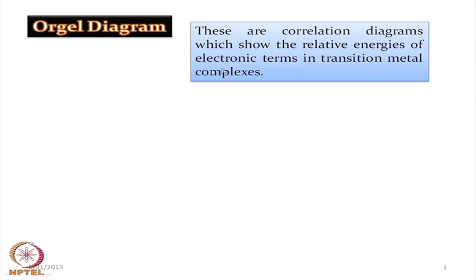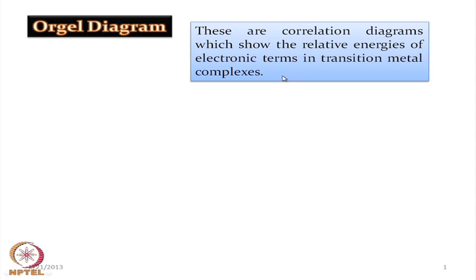So, we will be having some electronic terms, and for a particular electronic configuration, say it is d2, d3 or d4, and when we have the corresponding metal complexes of d2, d3 and d4 electronic configurations, these electronic terms will be changing in a particular symmetry of the metal complex, and then we will find that those terms will be responsible for the corresponding electronic transitions.